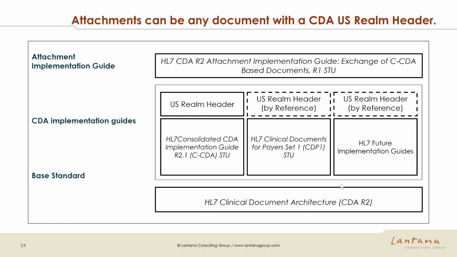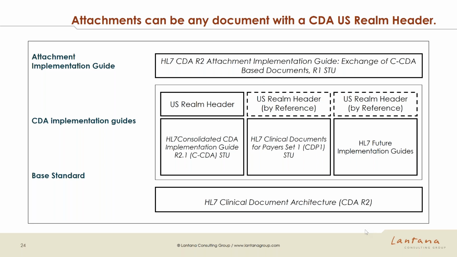For instance, that you must have a patient present. If you have a provider, you should list their National Provider Identifier, or NPI, as one of their IDs. So there are a lot of rules in the US Realm header that make it useful for exchanging documents consistently in the US. So what we said, again, was any implementation guide that uses the US Realm header is legal for an attachment.